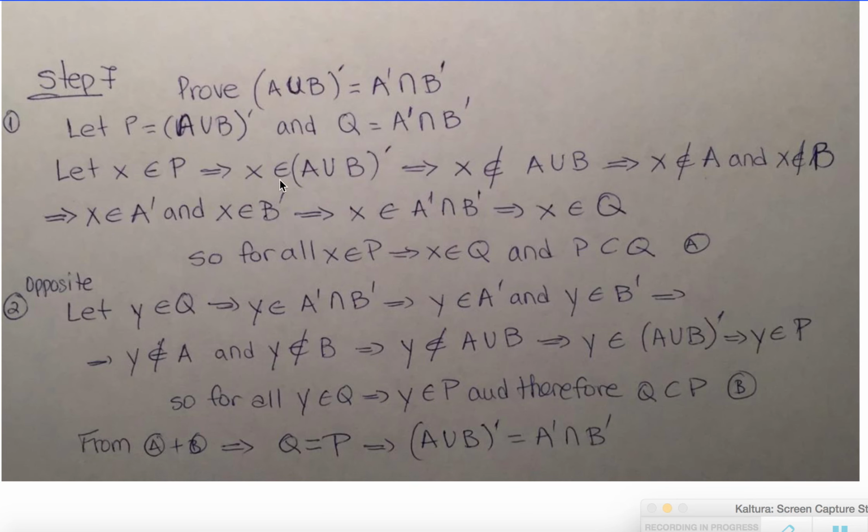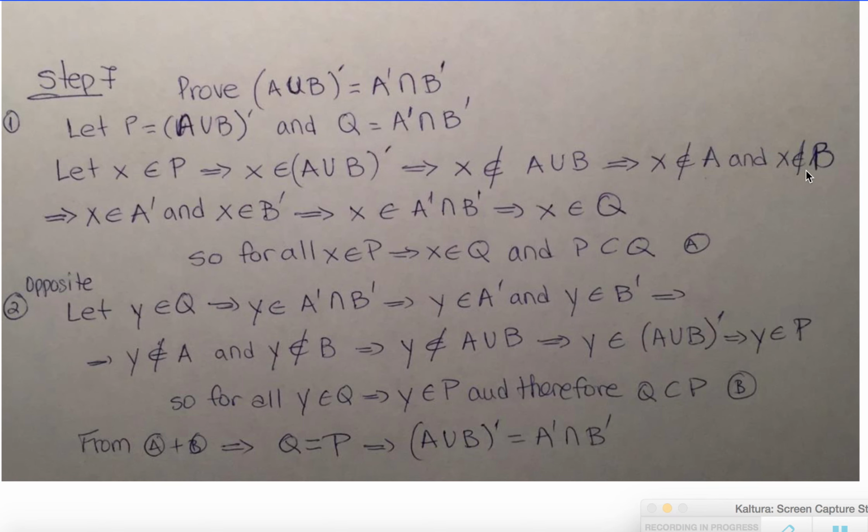So since X belongs to this set, then we know that X does not belong to the complement of this, which is just A union B. Since X does not belong to the union, this means that X does not belong to A and X does not belong to B, because if it did, then it would belong to the union, but it does not belong to the union.